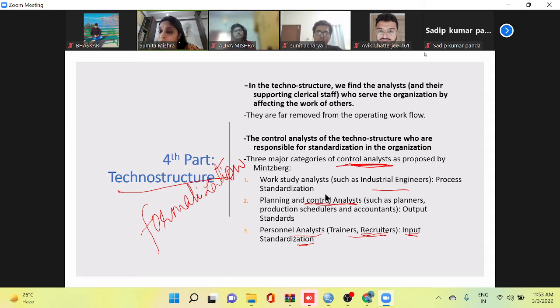So when I'm looking at a software, let us say ITES organization, and I'm looking at the job of a quality control team, there are 100 projects which are going on in the organization, and those 100 teams will have to touch base with the quality control team because that is the techno structure of the organization that will look at the output standardization, right?